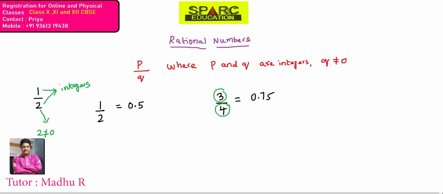What if the number I am taking is not a fraction? If I take numbers like 7, yes, it is rational because 7 can be written as 7 by 1, where 7 and 1 are integers and the denominator 1 is not equal to 0. Not only positive, even negative integers are rational, like minus 23. That can be written as minus 23 by 1. That is rational too.